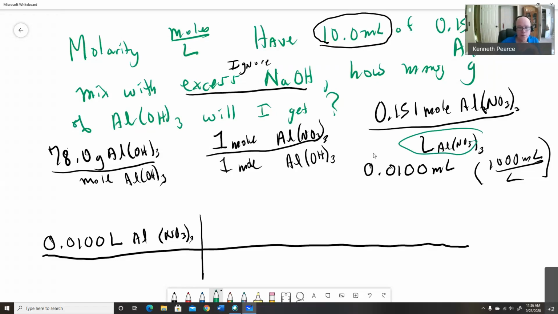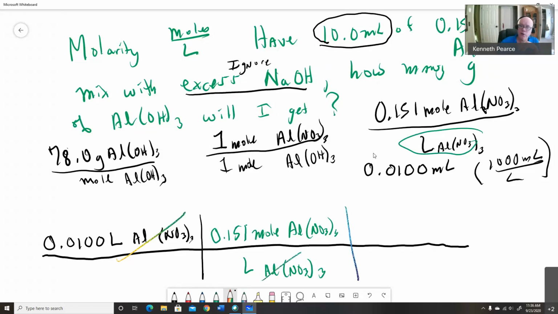And so we say 0.151 mole aluminum nitrate for every liter aluminum nitrate solution. Okay, and so now liters aluminum nitrate cancels. And of course, just like we did in chapter 3, you put a check mark over it so you don't reuse it.